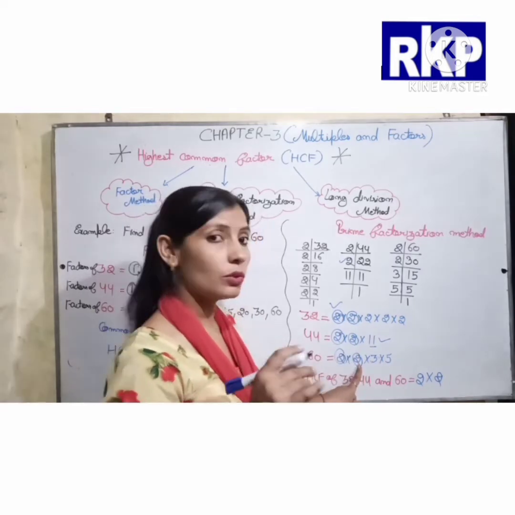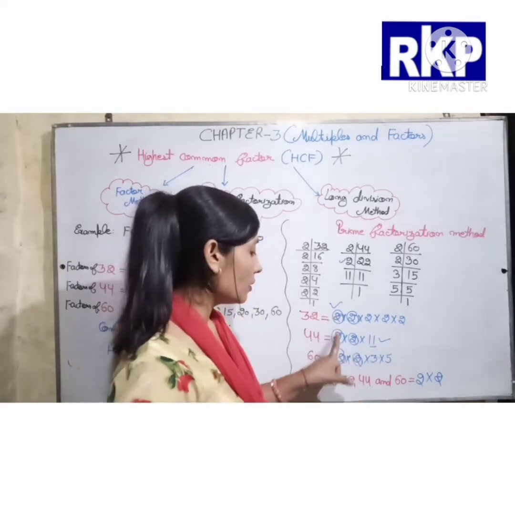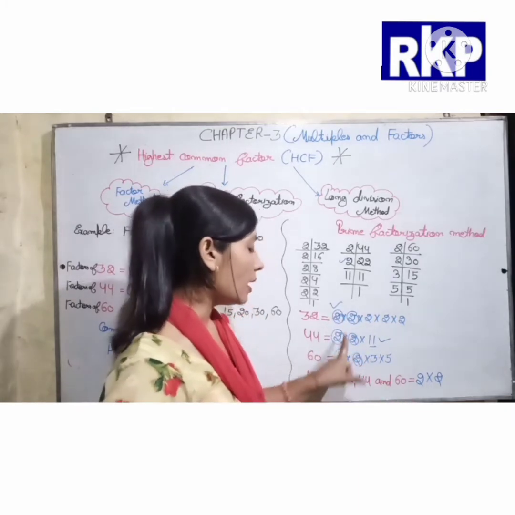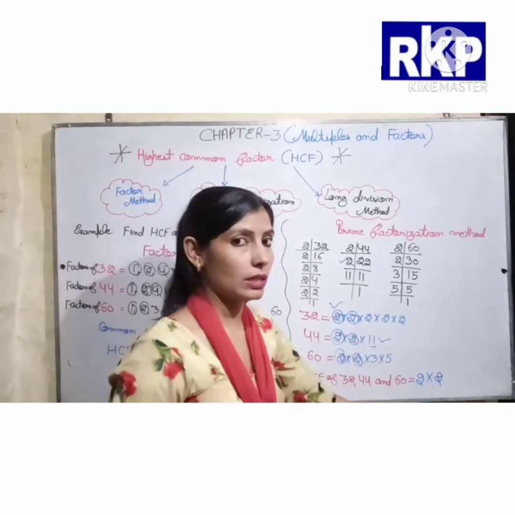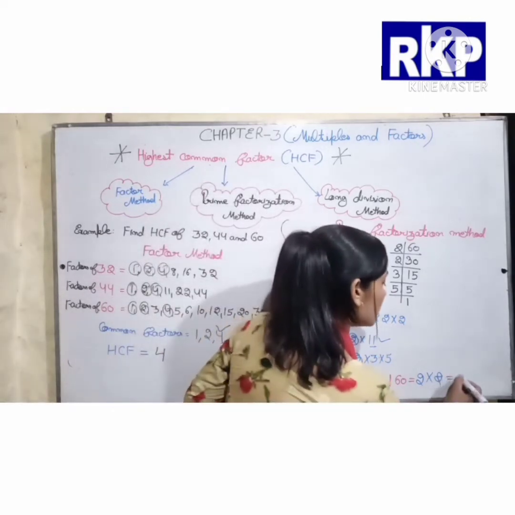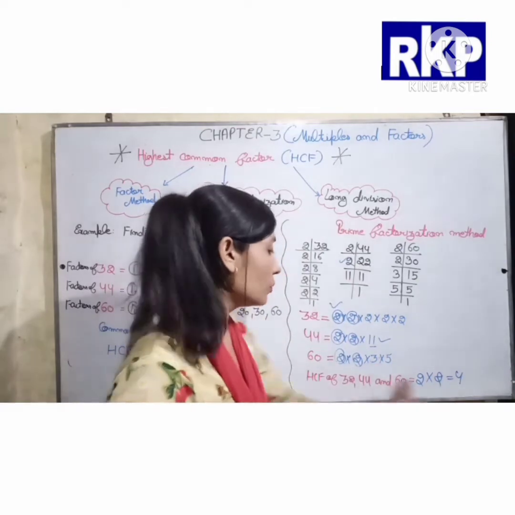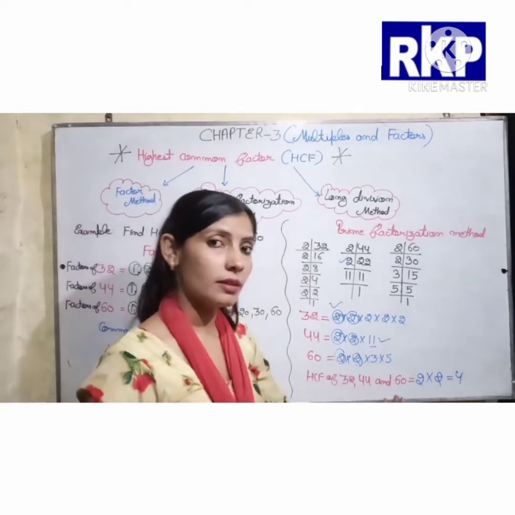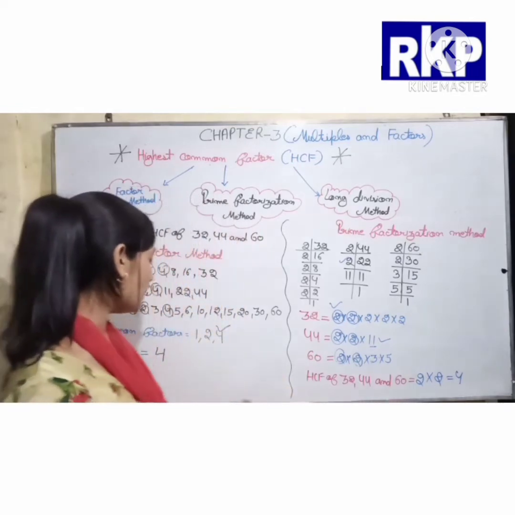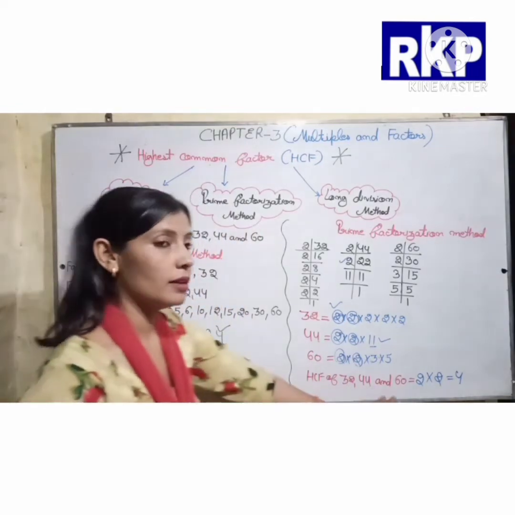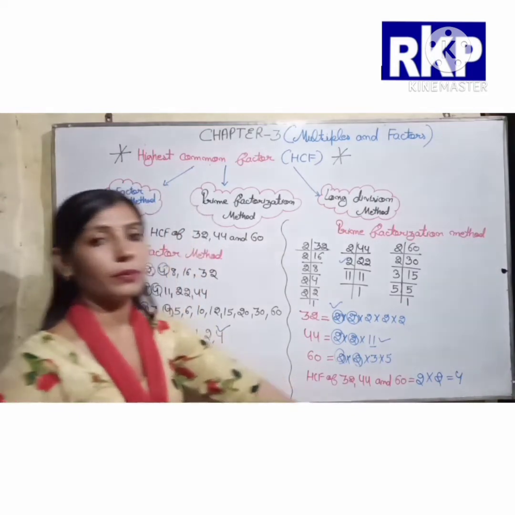We have to write 2 only one time for these and one time for these, and 2 multiply 2 will give us 4. So 4 is HCF of 32, 44 and 60. So beta, you can see by both methods we get the same answer.